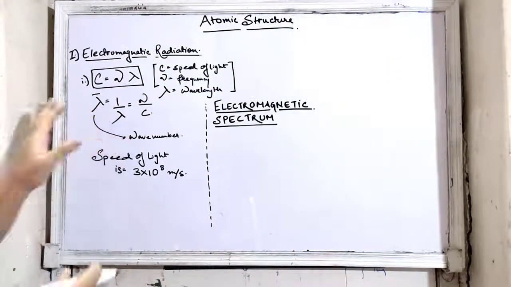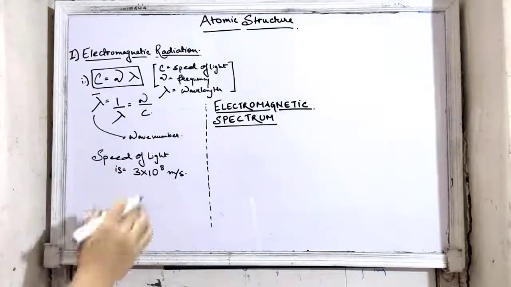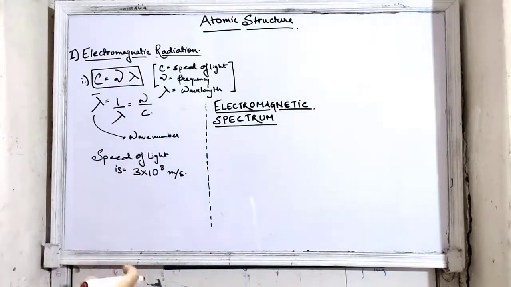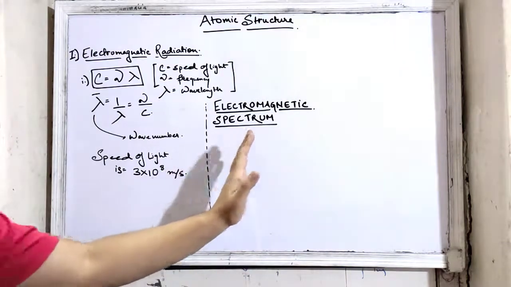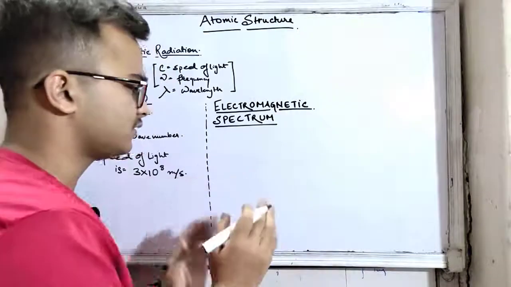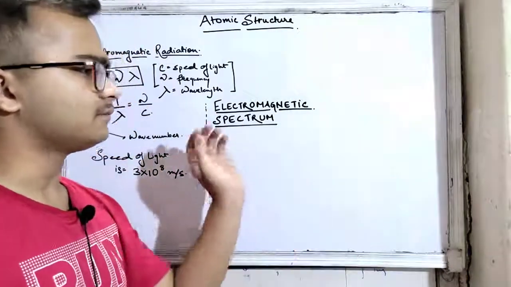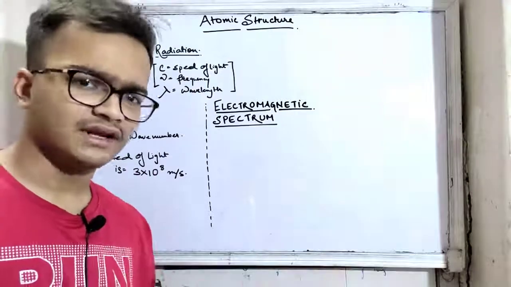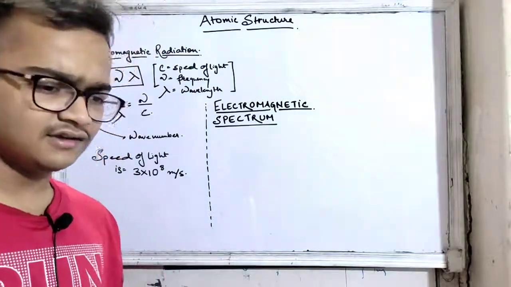From this relation, when frequency is increasing, that means lambda is decreasing. This is an inverse relationship. So I am going to give you a series, moving from my right to my left. Let's write the series first.